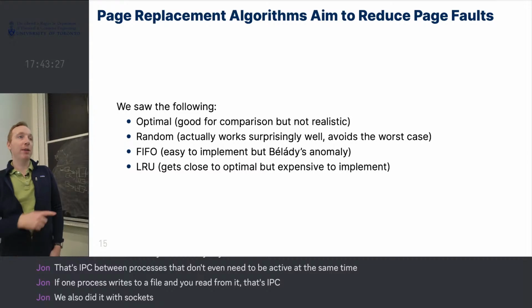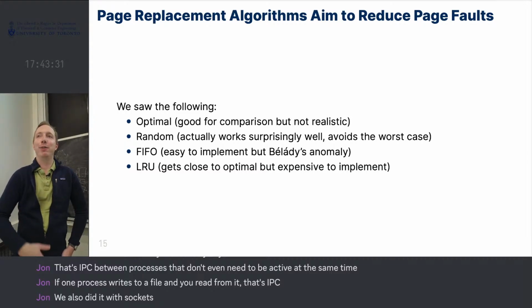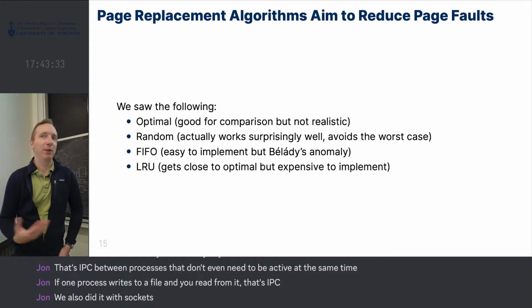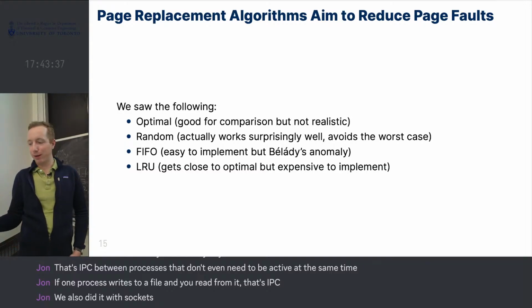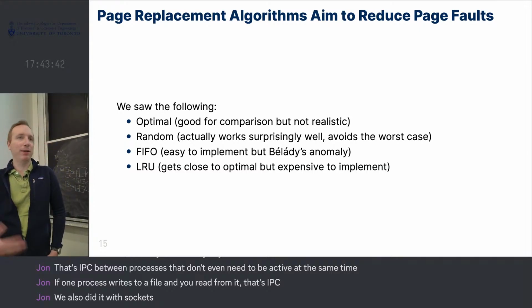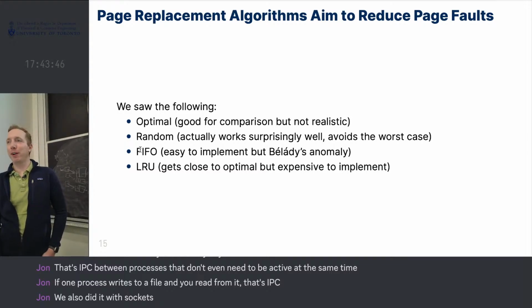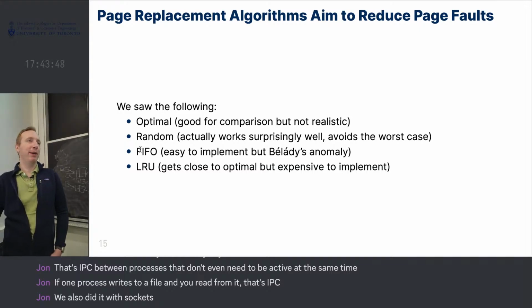Random actually works surprisingly well because the idea behind that is, if you make random decisions, you might randomly make a good decision, and you might randomly avoid the worst decision. So typically it actually works better than FIFO because it avoids the worst case. FIFO typically always makes a fairly poor decision, so making a random decision is better than always making a poor decision.